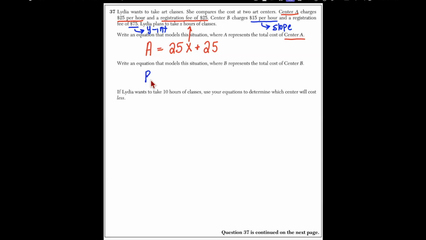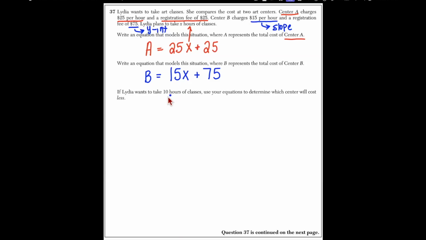That one is now going to look like B is equal to, my slope again was 15, times x plus 75. Okay, that's my first part. Now, this is a 6-point question on the Regents, so I get 1 point for getting each of these equations down, right?